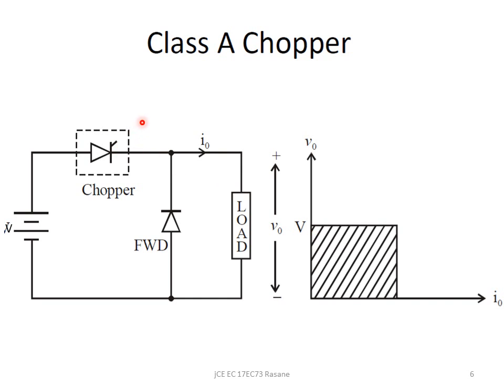When the chopper is off, the load, being an RL load, will freewheel the current through the freewheeling diode. So the current flows in the same direction. The current is always positive and the voltage is also always positive.